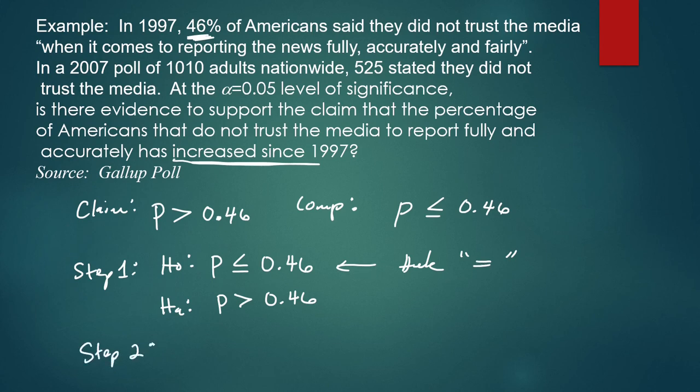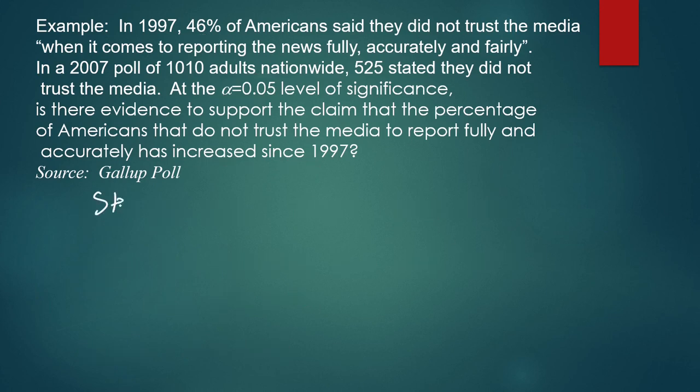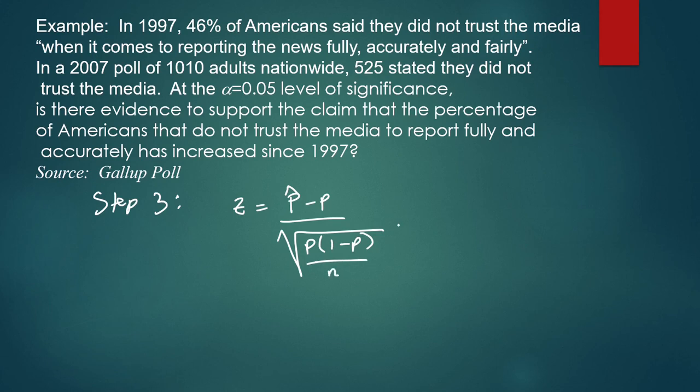Step 2, state alpha. Alpha in this problem is 0.05. Step 3, we're going to use our test statistic, z equals p hat minus p over the square root of p times the quantity 1 minus p over the sample size n. p hat is equal to x over n.